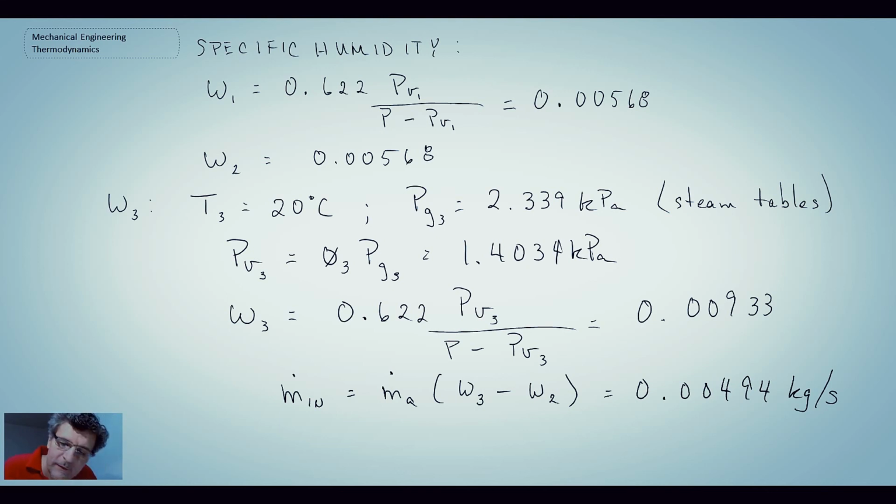And there, what we've determined was what they asked us to determine for part C of the problem. So that is the mass flow rate of water coming in.